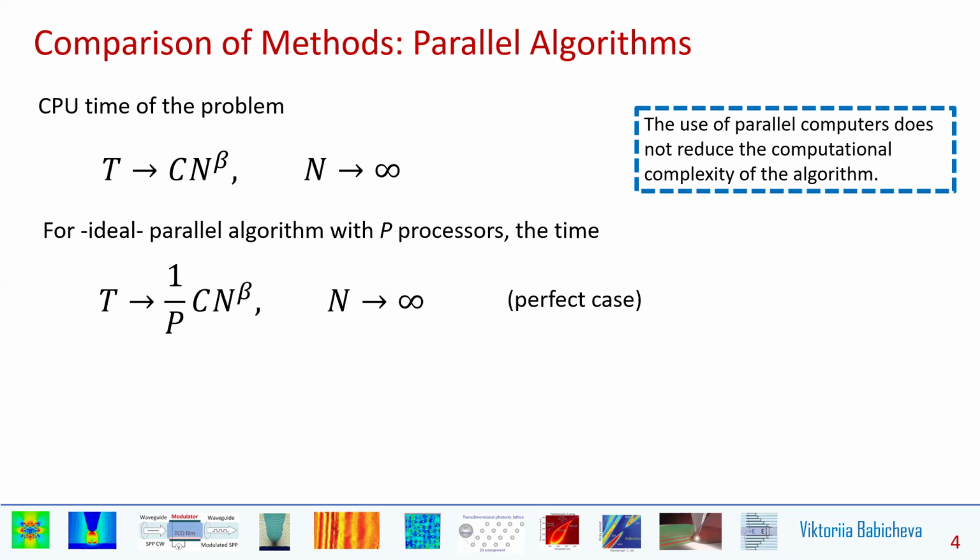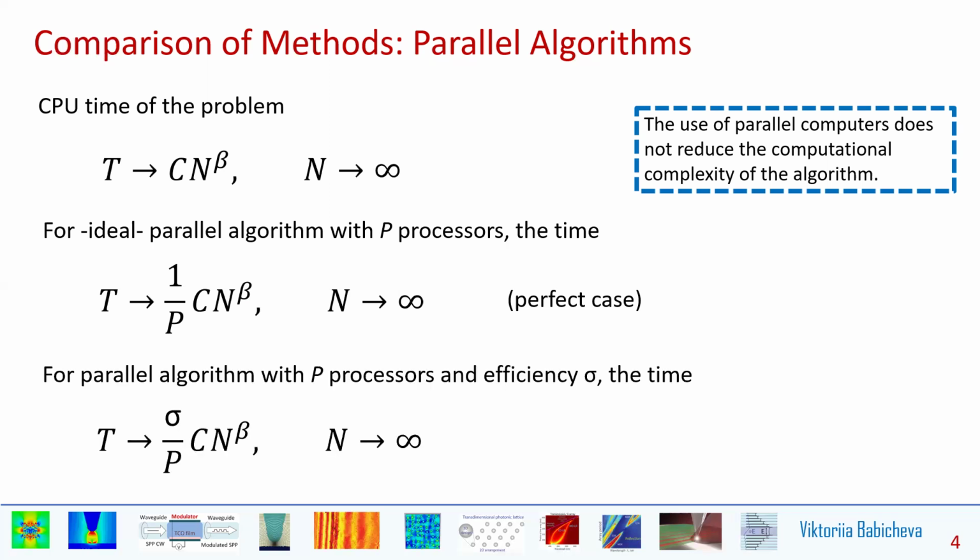However, because of the communication cost needed to pass data between processors, and because the latency in computer memory access increases as problem size increases, 100% parallel efficiency is generally not attained. In this case, the CPU time scales with parallel efficiency sigma as a multiplier. Again, as can be seen from above, the use of parallel computers does not reduce the computational complexity of the algorithm. It only helps to reduce the proportionality constant in the resource formula.